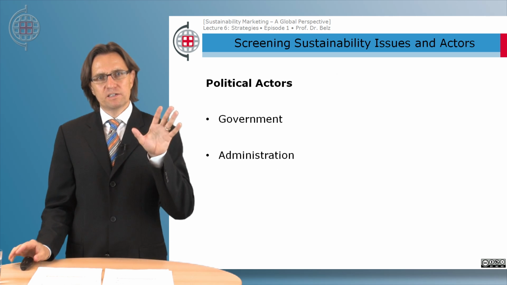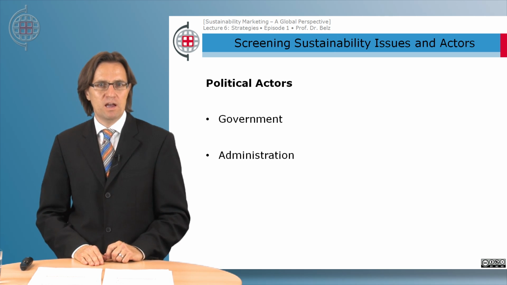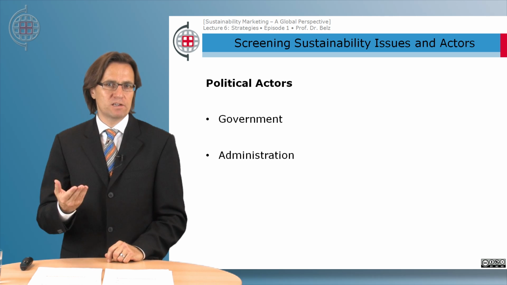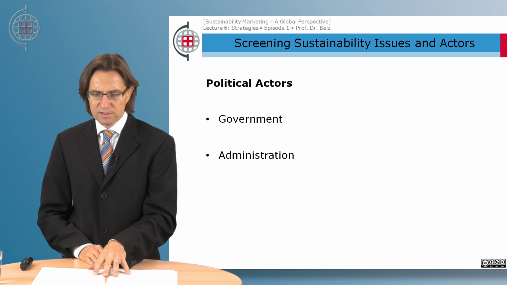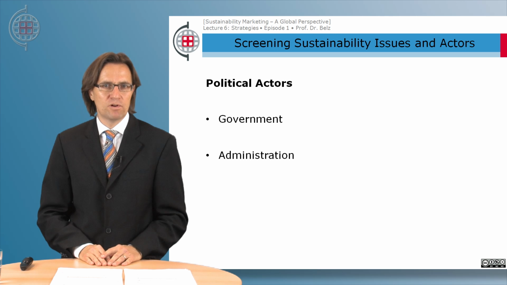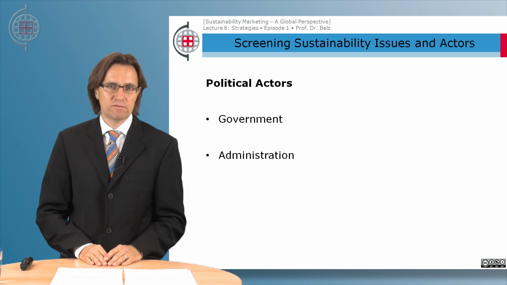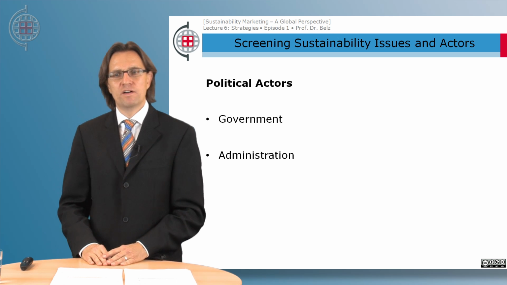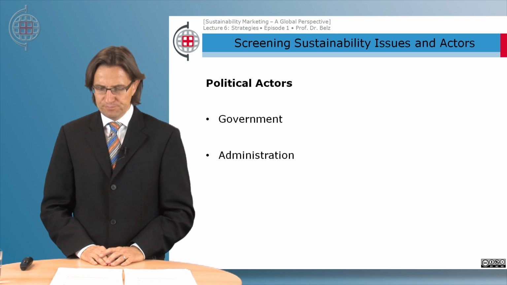And besides market actors and public actors, we have political actors, including the government and the administration. The government makes regulations and the administration implements these regulations. There are different kinds of instruments the government could use to influence companies in the context of sustainability. Command and control, for example: they could simply tell the companies to do something, for example, to cut emissions, or to have a safe workplace, or to have a minimum wage for workers.